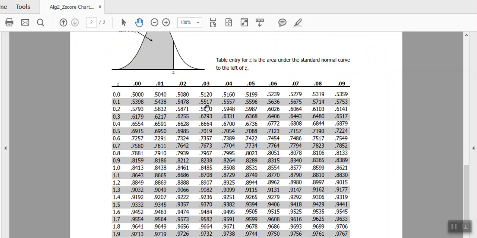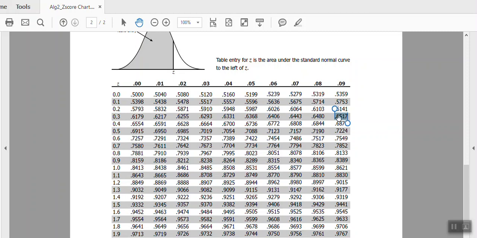And I'm looking all through here for a number that's close to 0.65. So if I look in here, I've got 0.6591, 0.6554. It looks like 0.6517. That's the closest I can get to just 0.65.